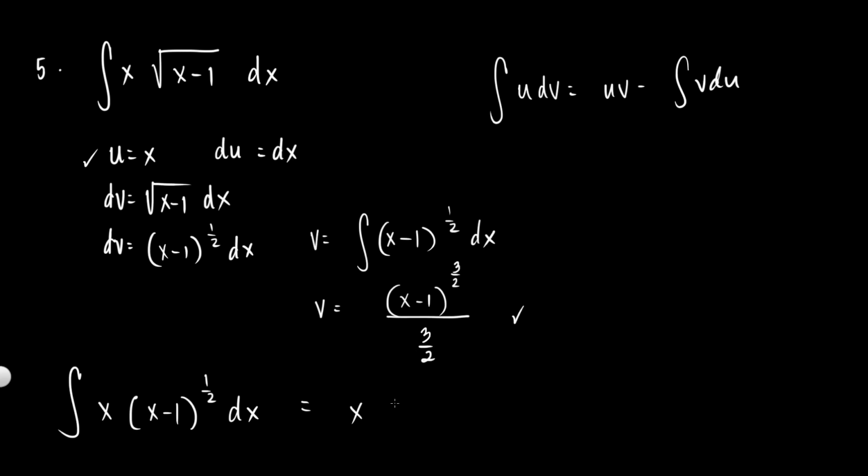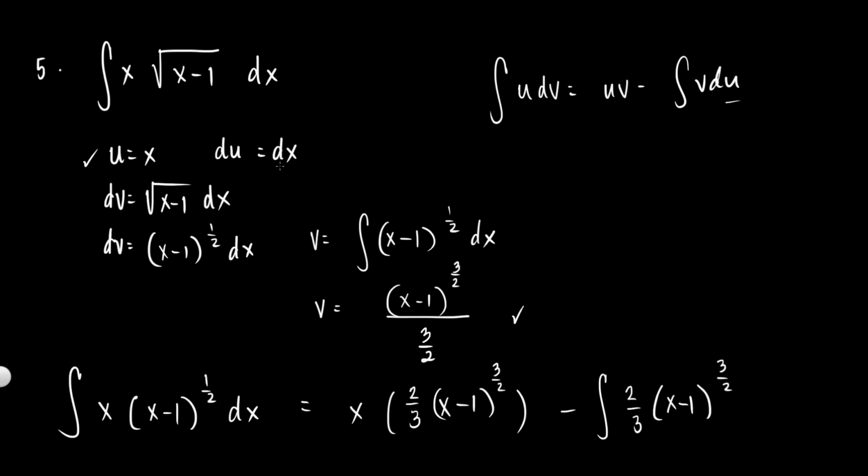So, this is equal to 2/3. 2/3 of x minus 1, raised to 3/2. uv minus the integral of v. Okay. So, how much is this? 2/3. No? 2/3 x minus 1 raised to 3/2. Then, du. du is dx.